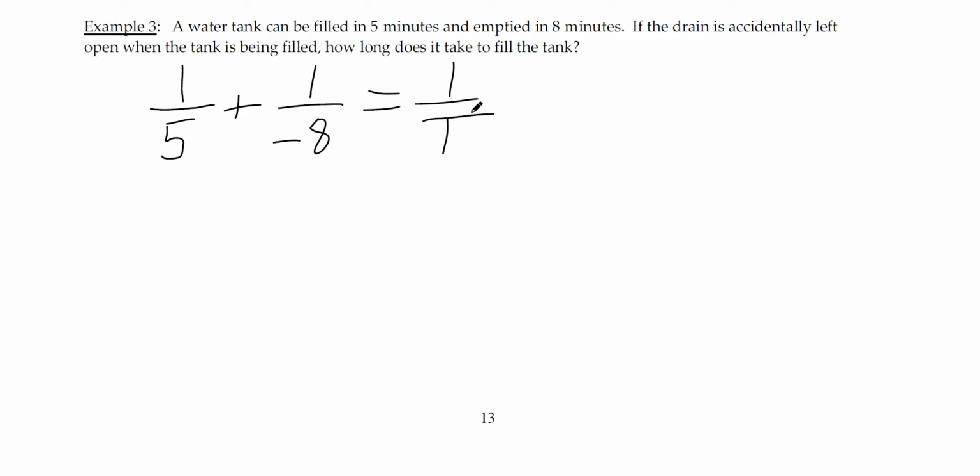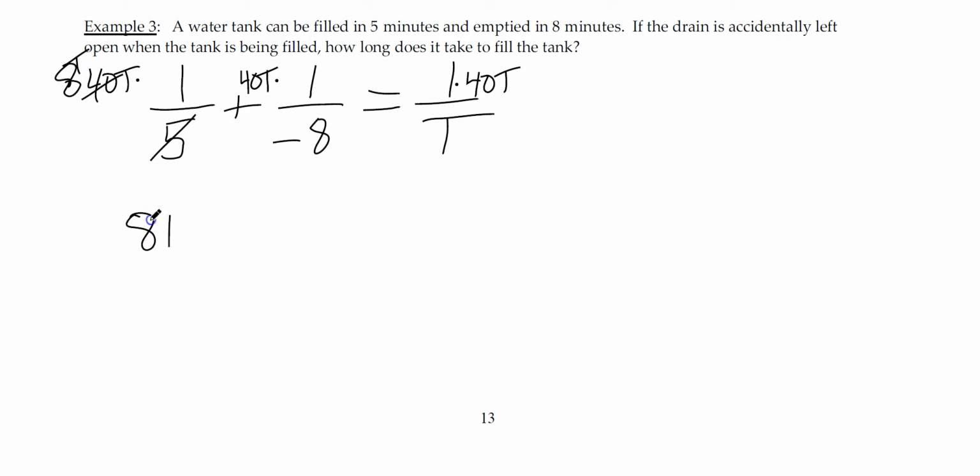If the drain and the tank filling is going on at the same time. So let's multiply by, don't need to do the negative, 40t. Now when you have objects like this, one working positive and one working negative, you'll have a positive and a negative term. All right, so this reduces to leave 8t.